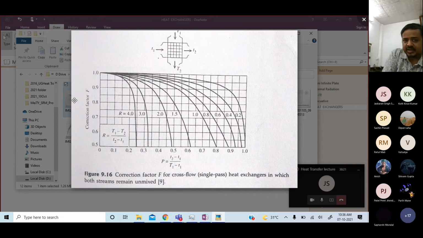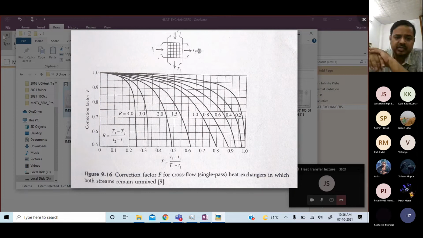As you can see, this zigzag pattern shows that these are channels in both X and Y directions. So they are unmixed. When both are unmixed, this is where we are going to read it out.